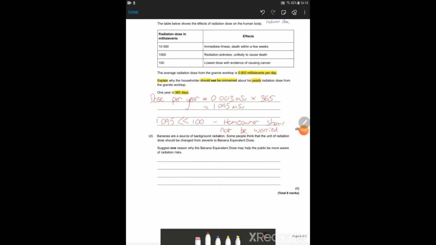Part D. So bananas are a source of background radiation. Some people think that the unit of radiation dose should be changed from sieverts to banana equivalent dose. Suggest one reason why the banana equivalent dose may help the public be more aware of radiation risks. Okay, so this is to do with familiarity, right? Now, how many people in the street do you think are familiar with sieverts compared with how many people you think are familiar with bananas?